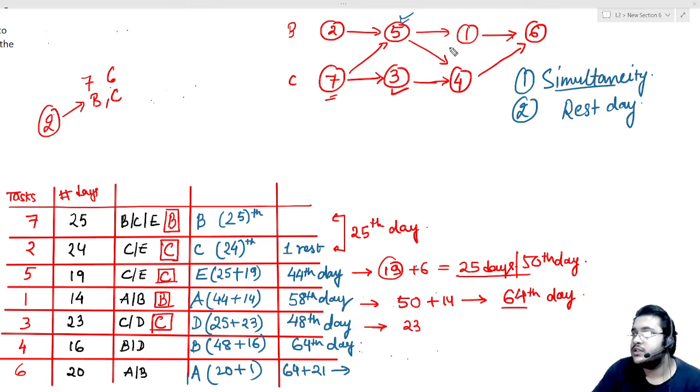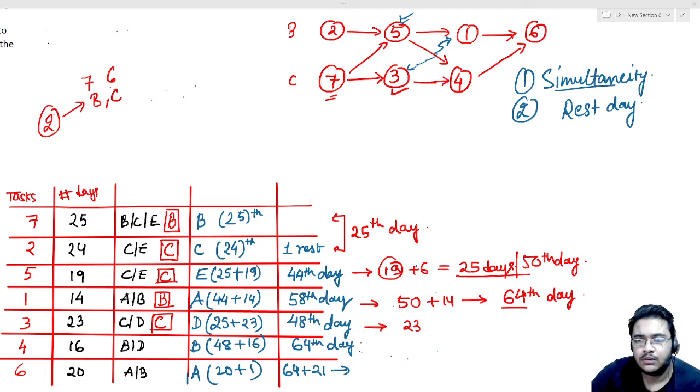Because you can see between 1 and 3 there is no linkage. So 1 and 3 can simultaneously start. In other words, after 5, 1 can start, and after 7, 3 can start.